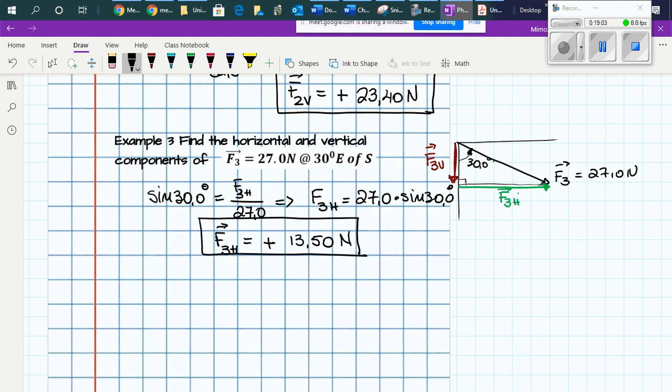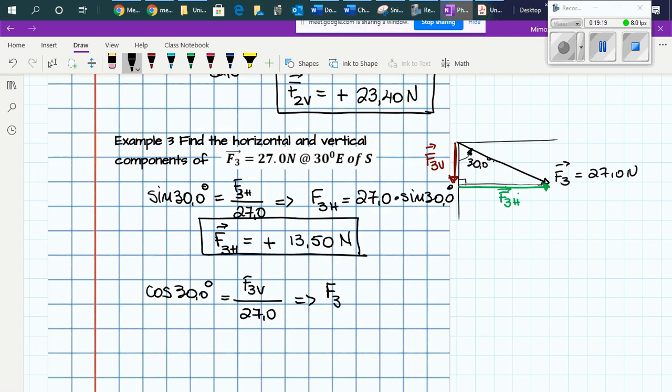And for the vertical component, we will use cosine. If you use sine for the first, then it's cosine for the second. Cosine 30 is equal to F3 vertical over 27.